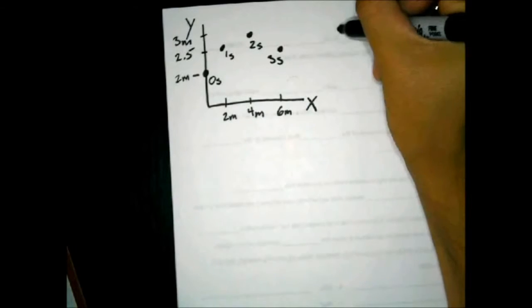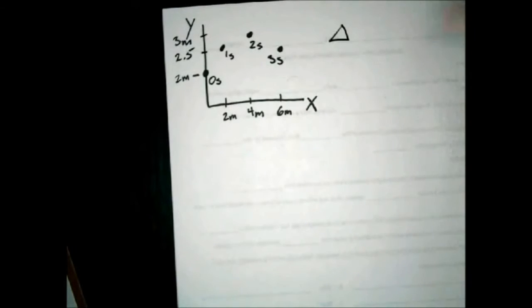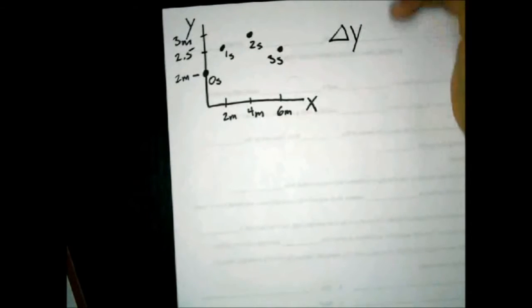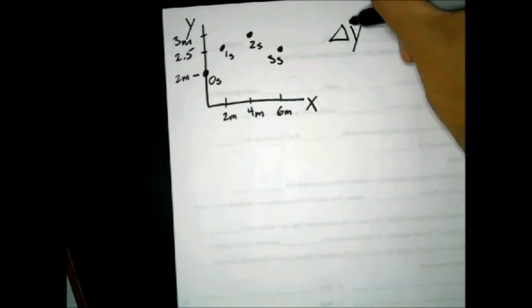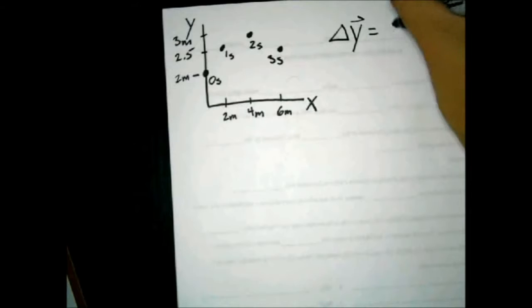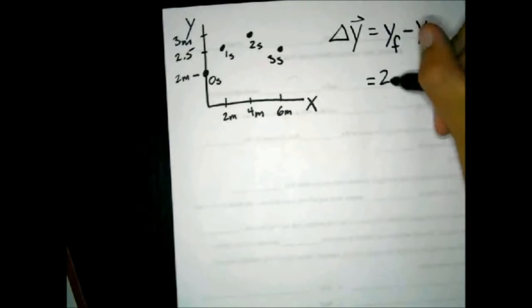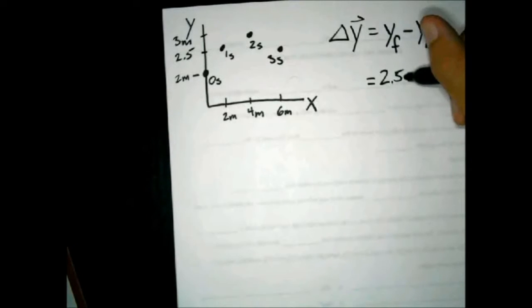So change in position in the y direction, so I'm going to specifically talk about the y direction, is equal to my final y minus my initial y. Pretty easy. 2.5 meters minus 2 meters.